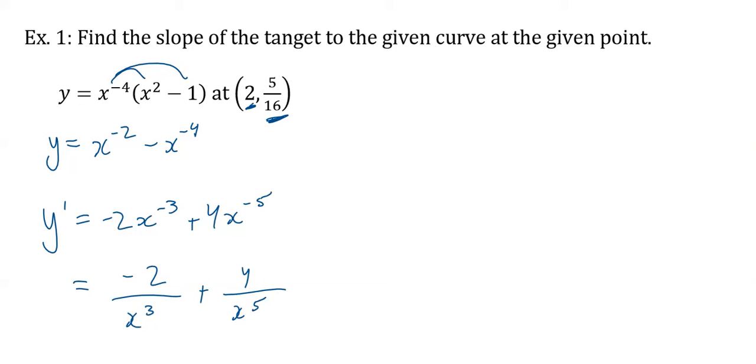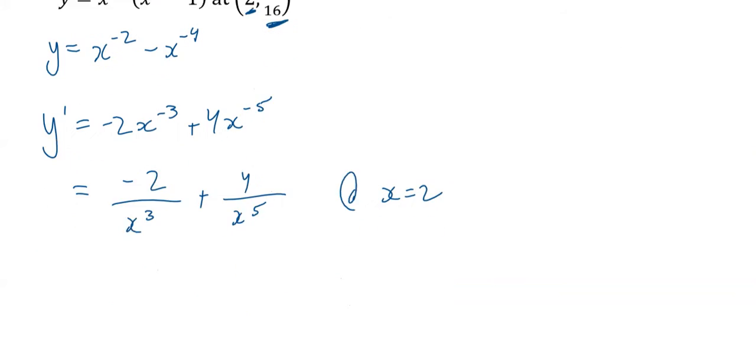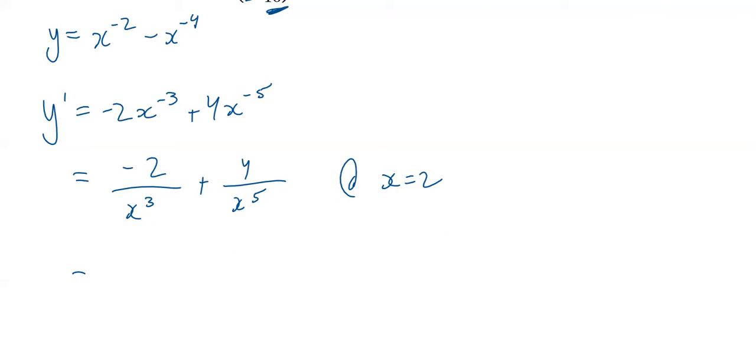Very nice. We're going to sub in the 2 for the x, so at x equals 2. Whether you did this first or after, it'll be the same thing. I'm going to bring this negative out front, negative 2 over 2 cubed, and I'm going to change the 4 to 2 squared over 2 to the 5th.